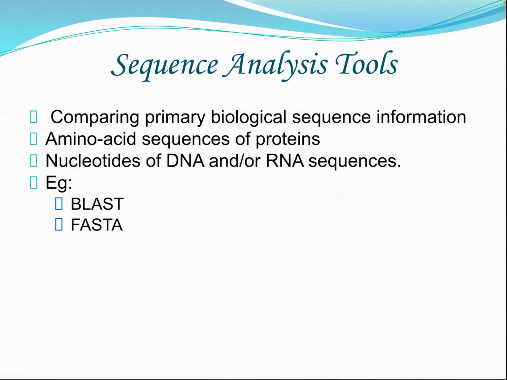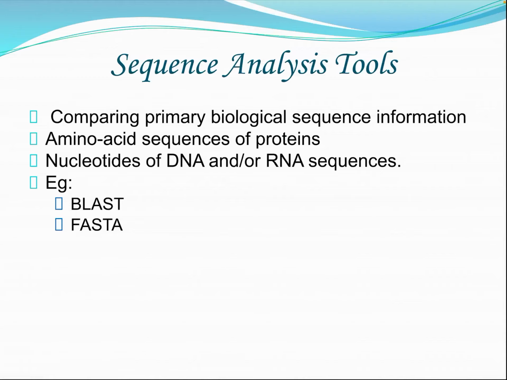The major classification of these tools comes under sequence analysis tools. These tools are used for comparing primary biological sequence information. Say, an amino acid sequence of a protein can be analyzed using these tools, or nucleotide sequences like DNA and RNA sequences can also be analyzed.